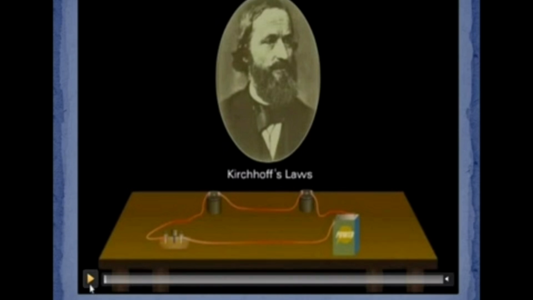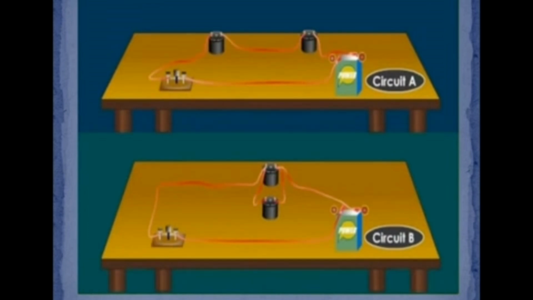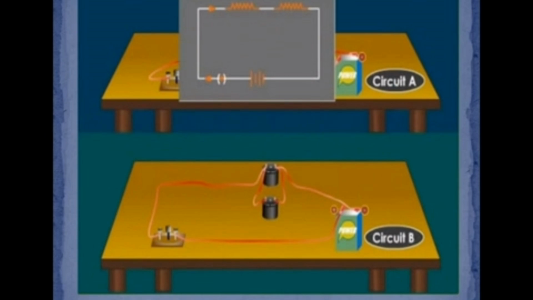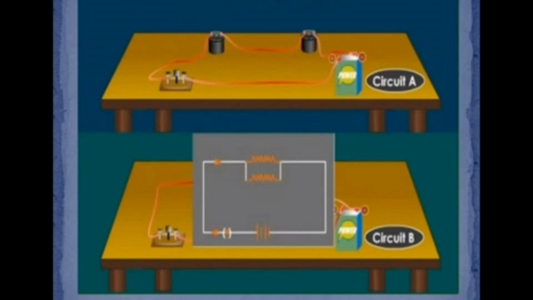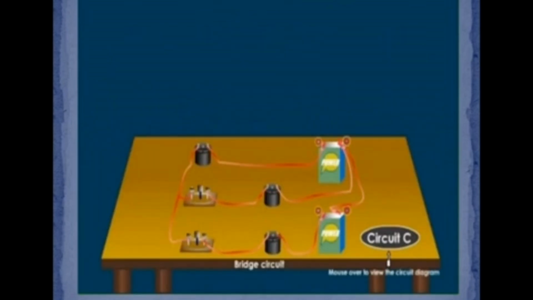Say the Kirchhoff law. You can take two circuits, circuit A and circuit B. These circuits do not carry a steady current. The circuit is connected with resistance, battery and key. Resistance may be connected in series or in parallel.